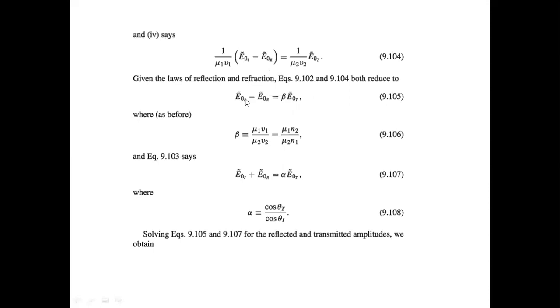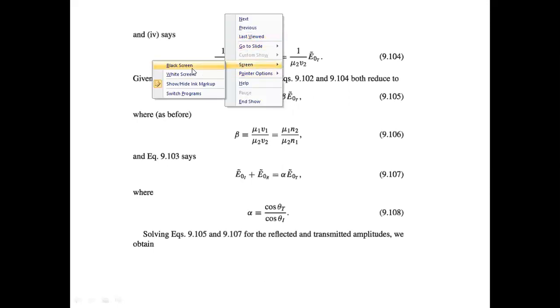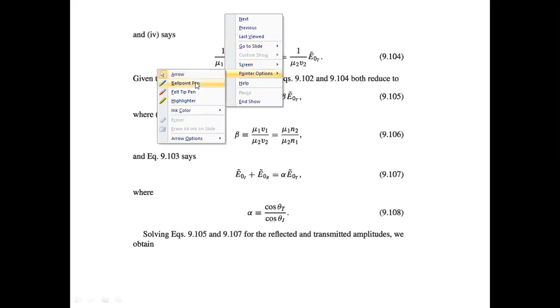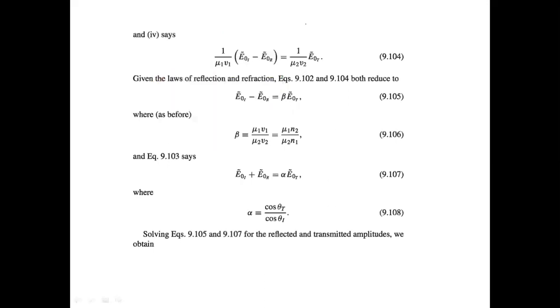Okay, so now what we're going to do is use our laws of reflection and refraction that we derived. So the law of reflection that we derived was theta I is equal to theta r, and in all these equations we're just going to substitute that.